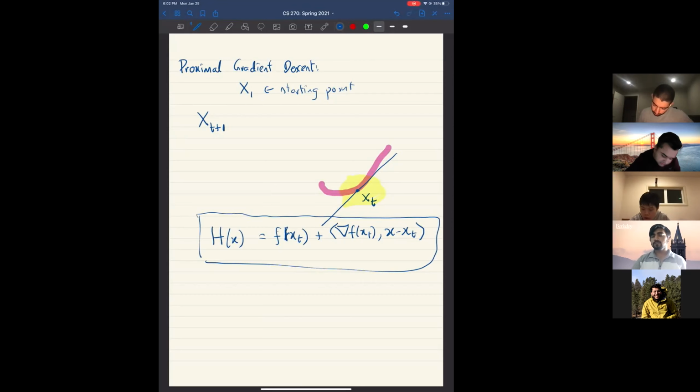So what you do is you say, minimize the linear approximation, which is eta times it, but you add a penalty for going too far.